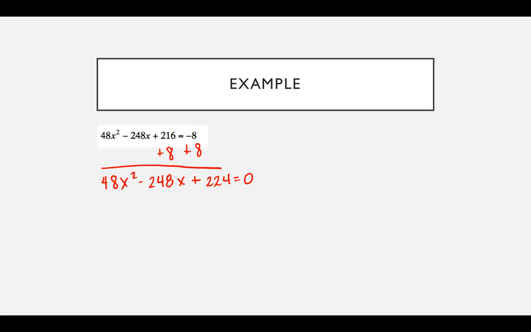And then I want to look at all of my terms and see what my common factor might be or what I can divide out of all three terms. So I'm not going to be able to divide out the 48 because if I try 248 divided by 48, that's not divisible. But let's see what I can find here.